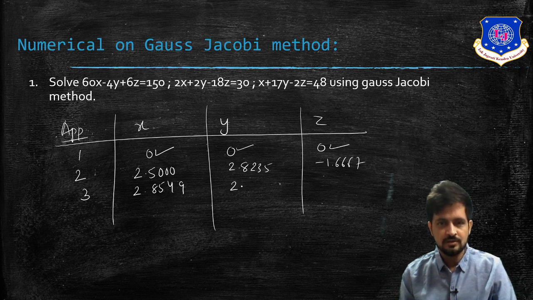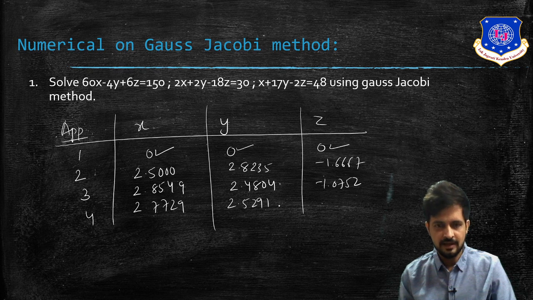This is the solution. You will take a little bit more time and the number of iterations will be more because we are not taking the new value. We are continuing with the previous value, so it will definitely take more time.